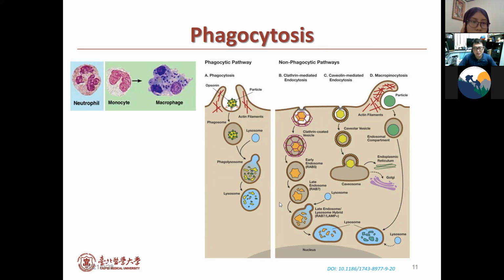Next, innate immunity, including macrophages and neutrophils, has another kind of weapon: phagocytosis. They need cytoskeleton proteins and pseudopodia, and sometimes some kind of receptor.